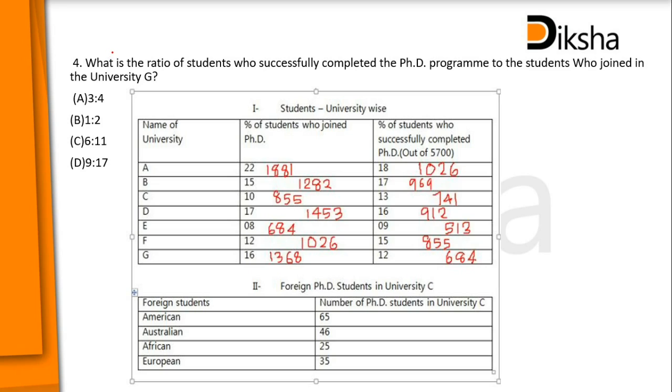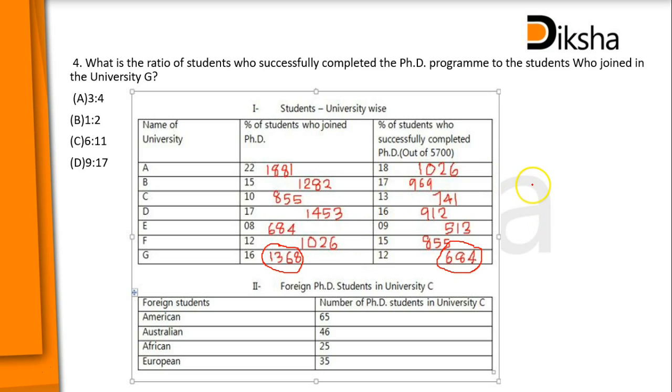Now the fourth one: what is the ratio of students who successfully completed the PhD program to the students who joined in University G? For University G, the number of students joined is 1368 and the number of students completed is 684.